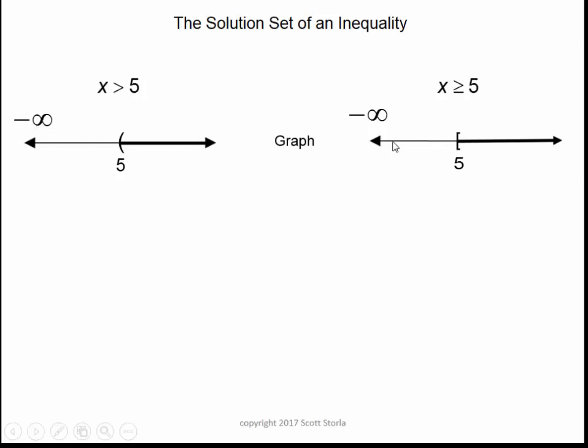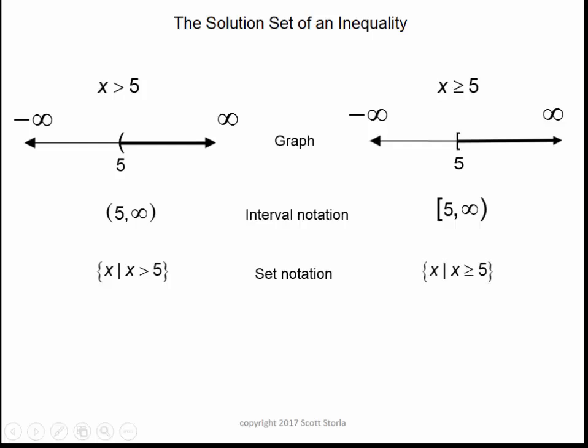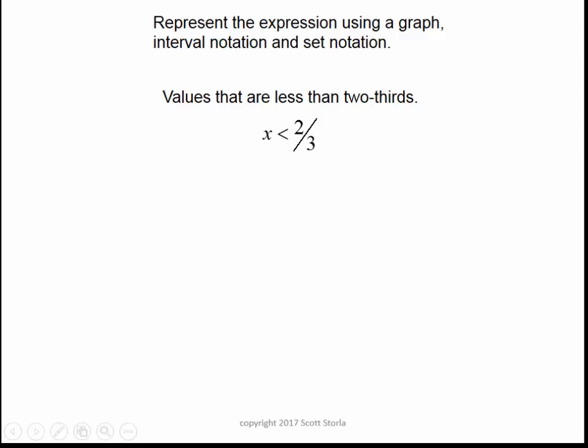And then when we bring in the idea of negative infinity to positive infinity, we can use interval notation, again using the parenthesis if 5 isn't included in the set, and the bracket if 5 is included in the set. And then with set notation, we used braces. So again, this was what we did in the previous video, and I'm just showing it here as a review. So here's our first inequality.